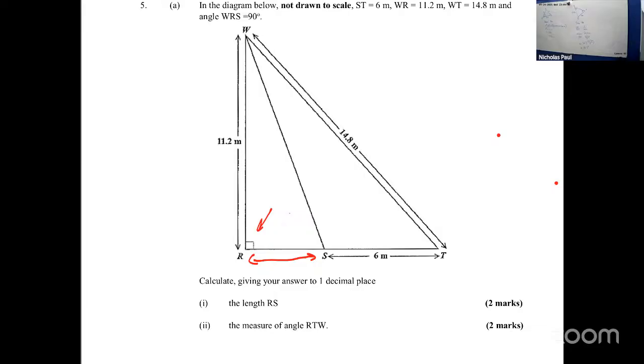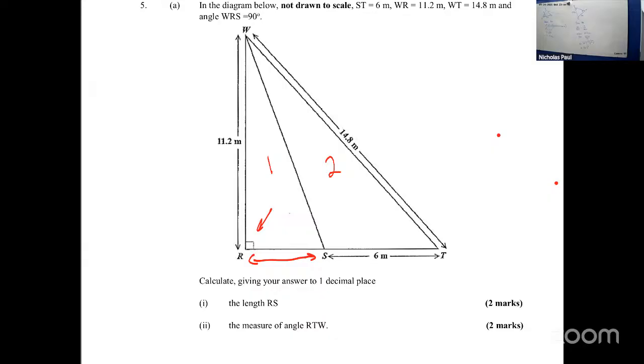What can we do? Anybody with ideas? We want to get that small length there, RS. Which triangle do we focus on? Do we focus on triangle 1, triangle 2, or the entire triangle?